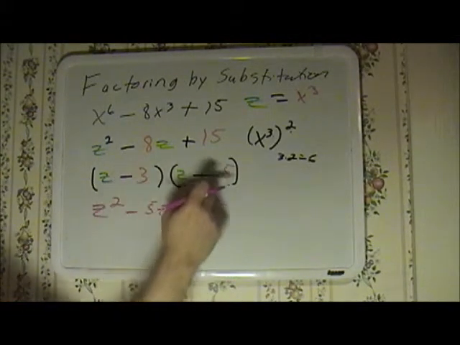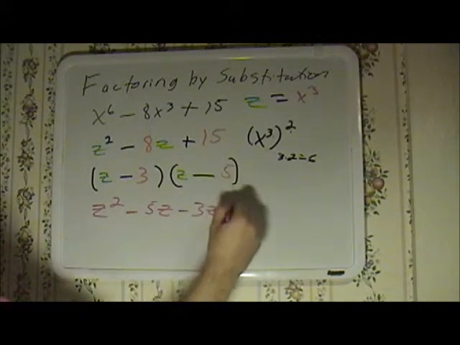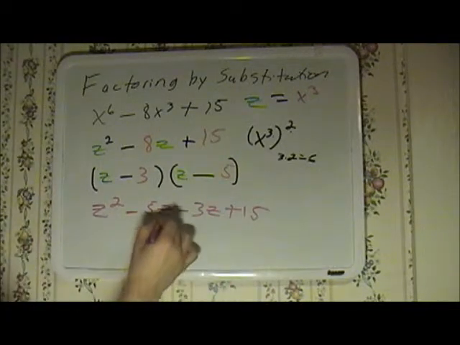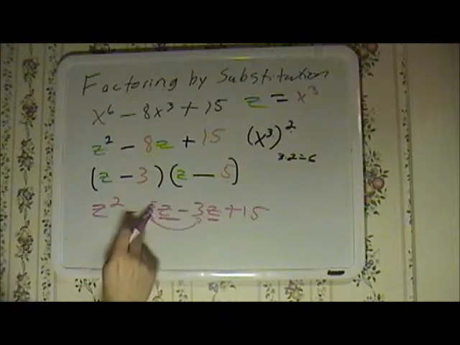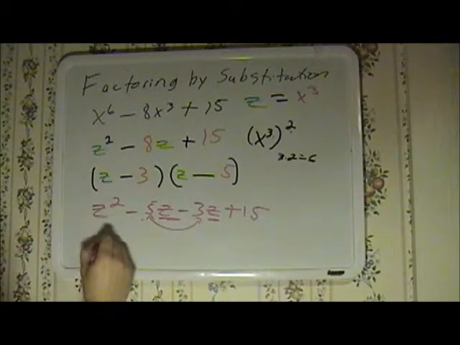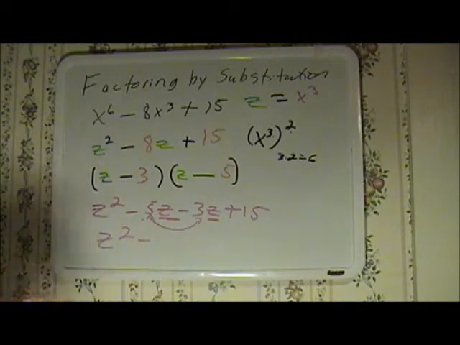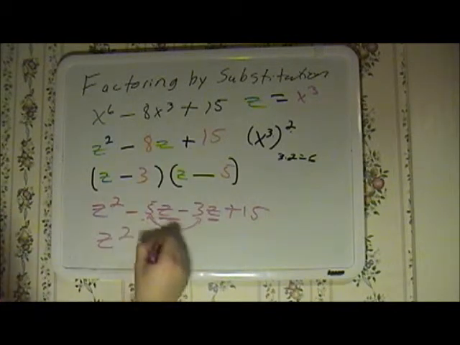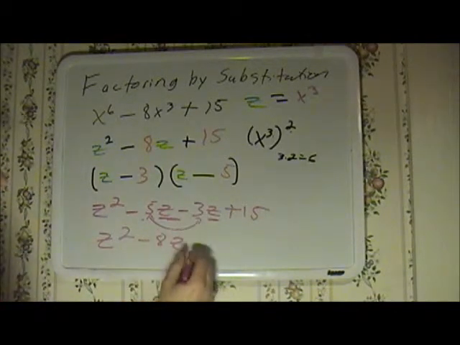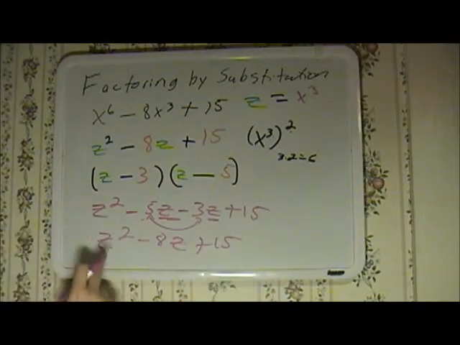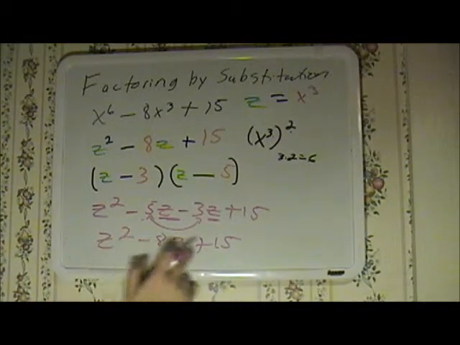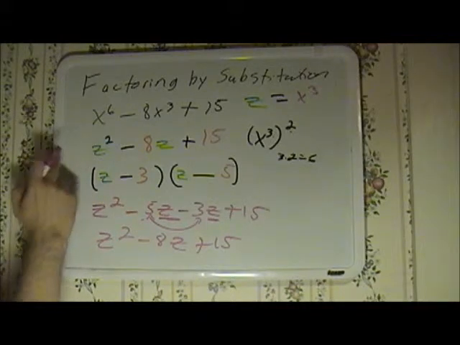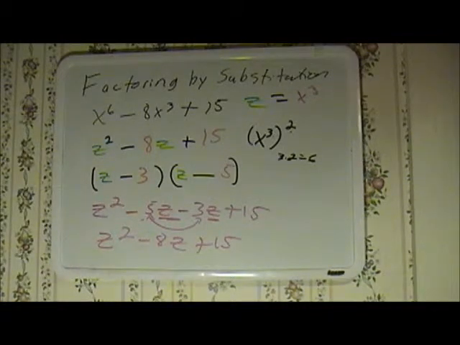And negative 3 times negative 5 is positive 15. Now since this is a z and this is a z, we can take these two coefficients, the number in front of the z, and put them together because they're like terms. Negative 5 minus 3 is negative 8, so we get negative 8z plus 15. So we see this trinomial, which has three terms, matches the one up here. So we know we did our factoring right.